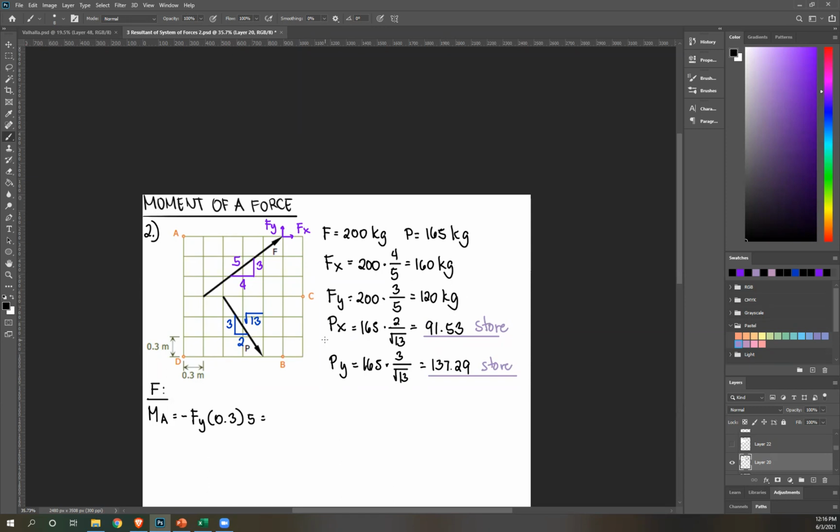Please compute what's the answer for MA. Remember, sign is important, so please include sign in your answer.